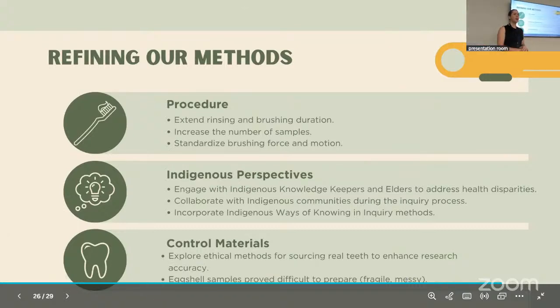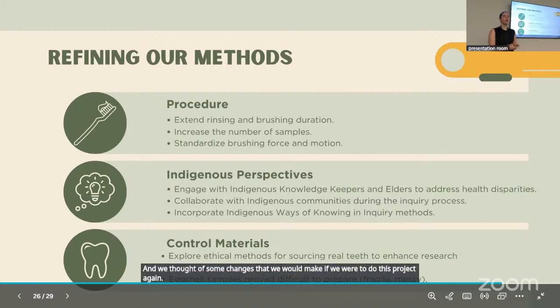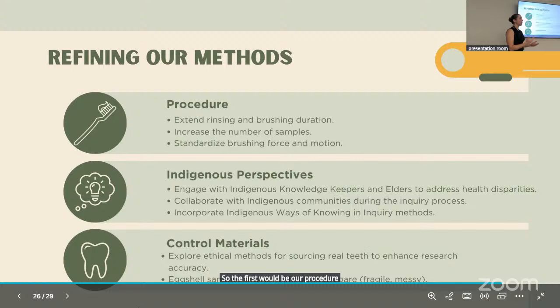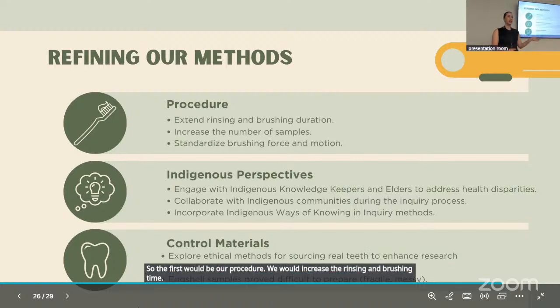During this process, we had a lot of time for reflecting, and we thought of some changes that we would make if we were to do this project again. So the first would be our procedure. We would increase the rinsing and brushing time, especially because from looking at the pictures, we couldn't actually see the surface of the eggshell.